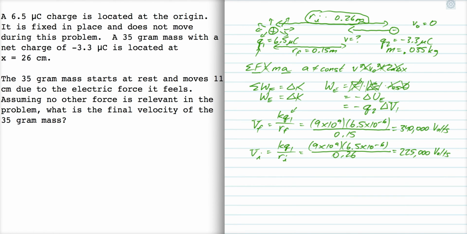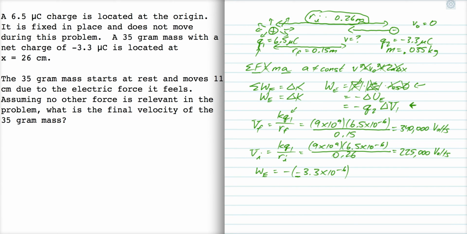Okay, so the work done then by the electric force is minus Q2 delta V1. So minus 3.3 times 10 to the minus 6. Now notice that I'm including a minus sign here. Unlike this equation where we put absolute value signs around everything, in the potential energy expression, we don't use absolute value signs.